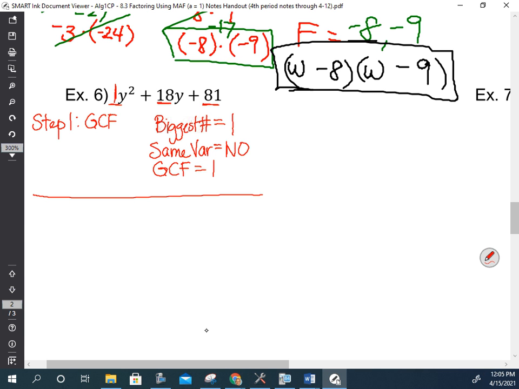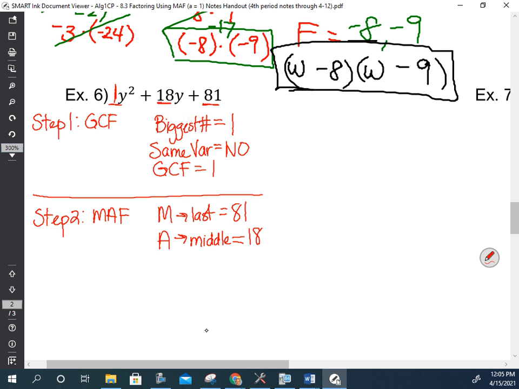All right, so step 2. Step 2 is when we do the MAF. M is the last number, 81. A is the middle number, which is 18.